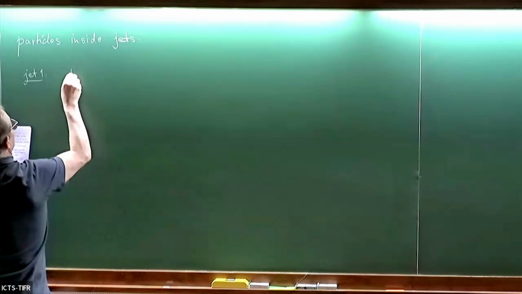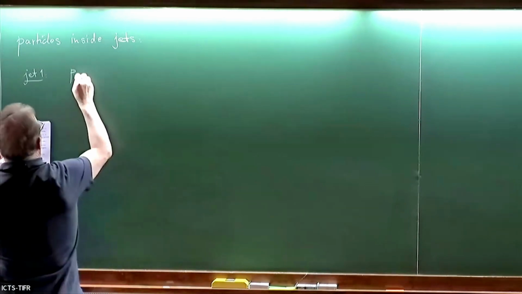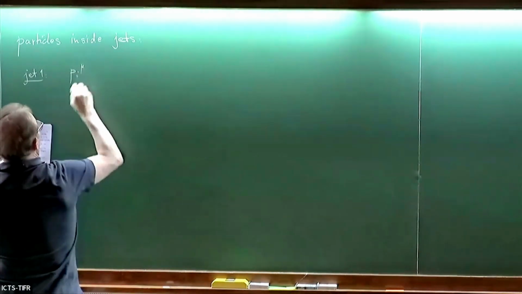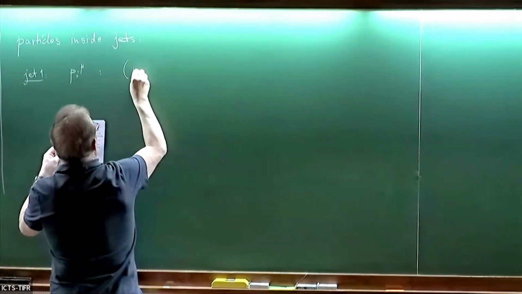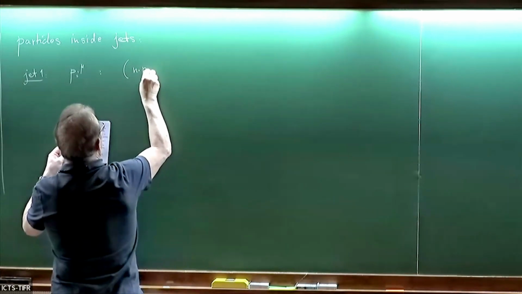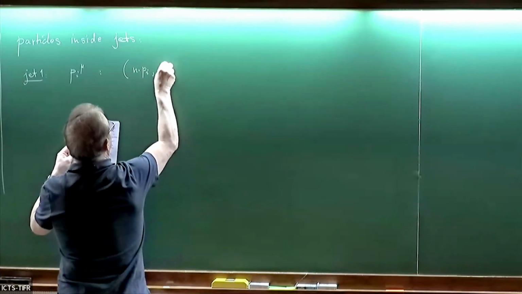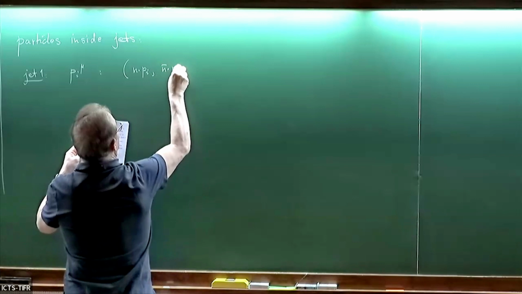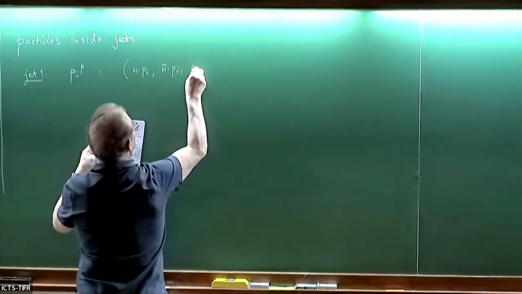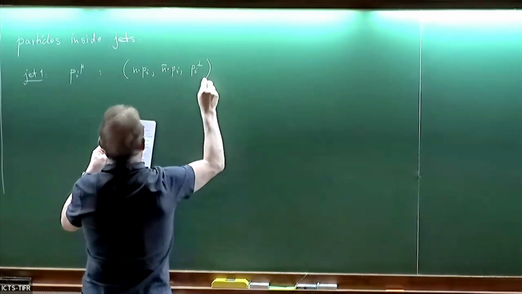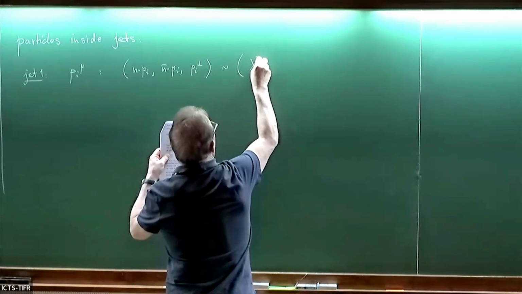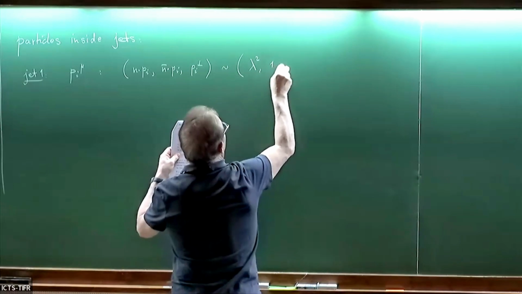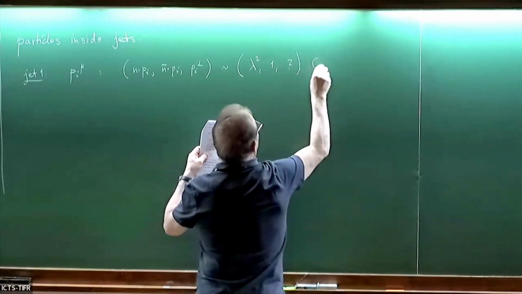Here, basically a particle inside jet 1 will have the following properties: n dot p of such a particle, n bar dot p of such a particle, and p perp of such a particle will scale as lambda squared, 1, and lambda times Q.